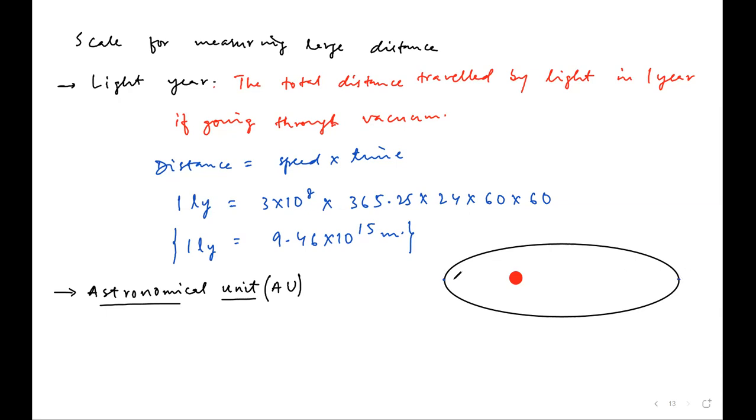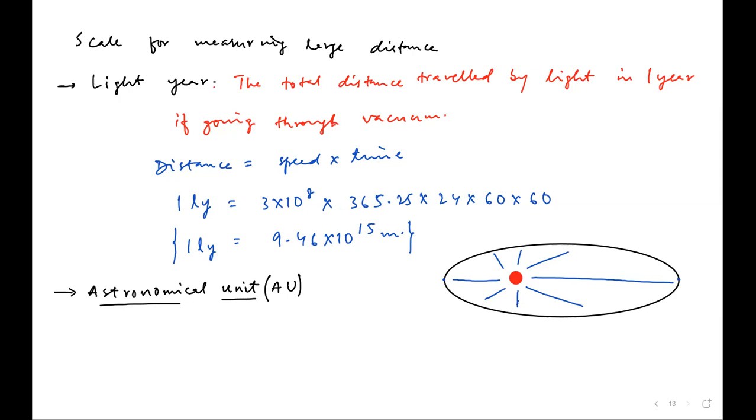So just see, we have different distances of planet from the sun at different points. So if you calculate the average of all these distances between Earth and Sun, it is termed as astronomical unit.